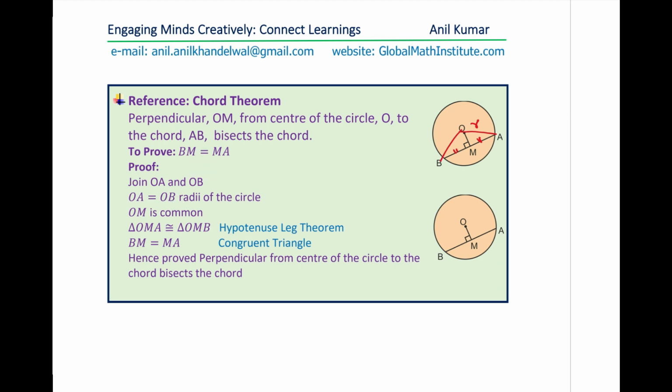So we know that BM equals AM, and we also know that BM and AM when combined give you AB. Therefore, AB is twice AM. Pythagorean theorem can be used to find the radius, which acts as a hypotenuse in this particular case, with OM and MA being the legs of the right triangle.